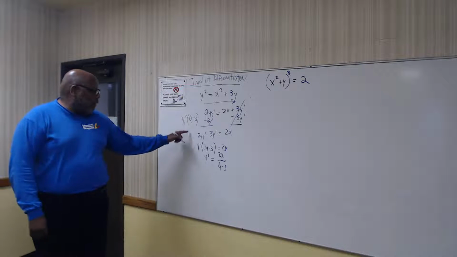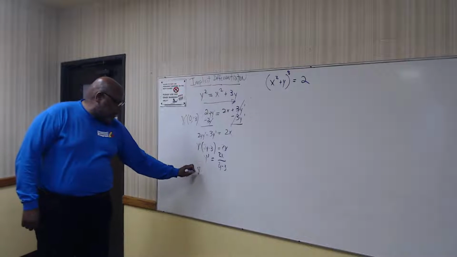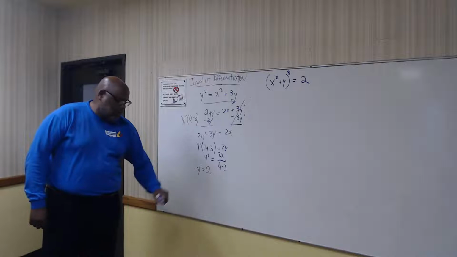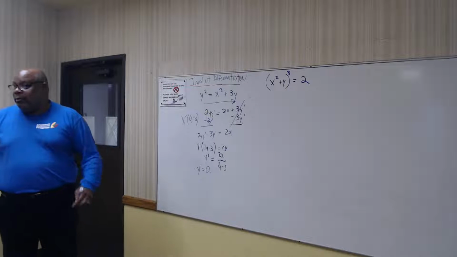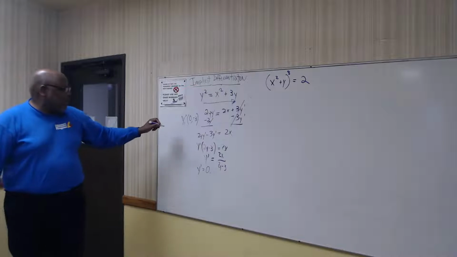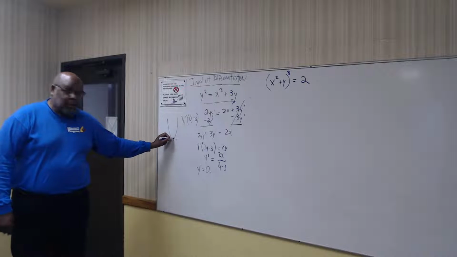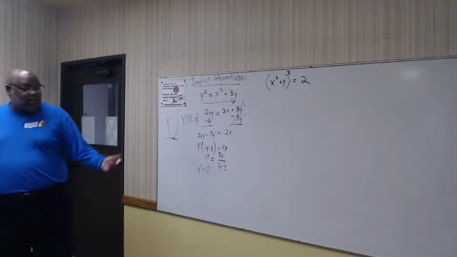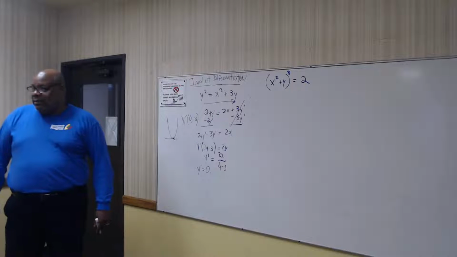Problem done. Now you got to plug in what? When you do that, the answer is y prime is 0. So there's no change at that point, which means that at that point the tangent is straight across. It's probably like this. It's this point down here. That's where we just happen to take the derivative. Just coincidence.